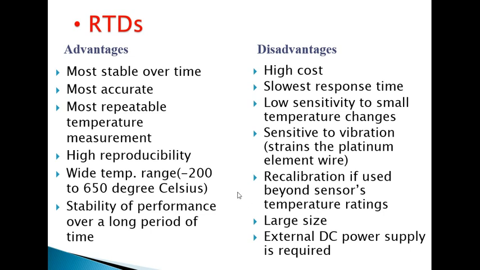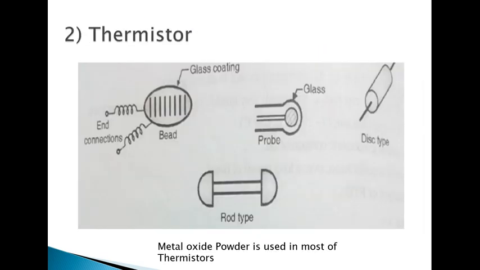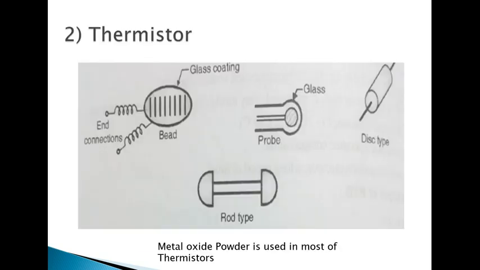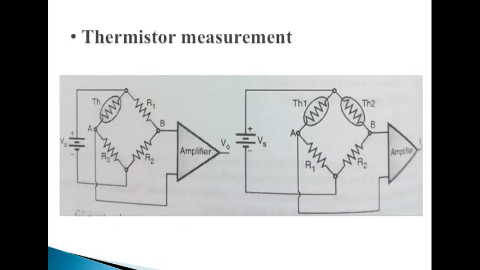So this is all about the temperature transducer. For the sake of time we have considered only two examples. There are a number of types of PRTs, thermistors or RTDs, but for understanding purposes we have considered simple examples.